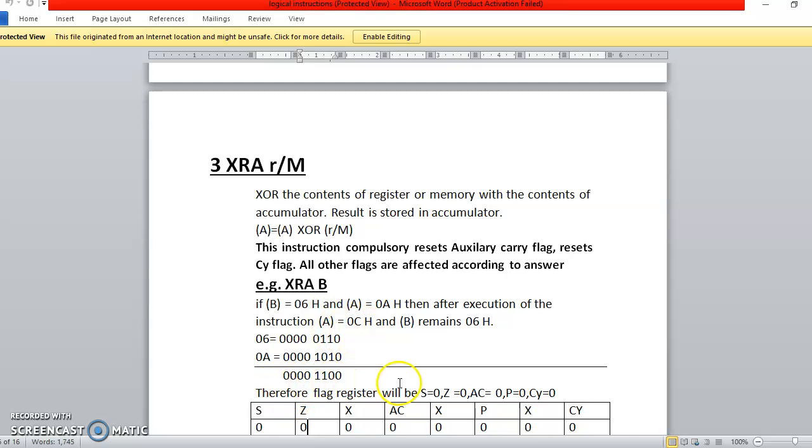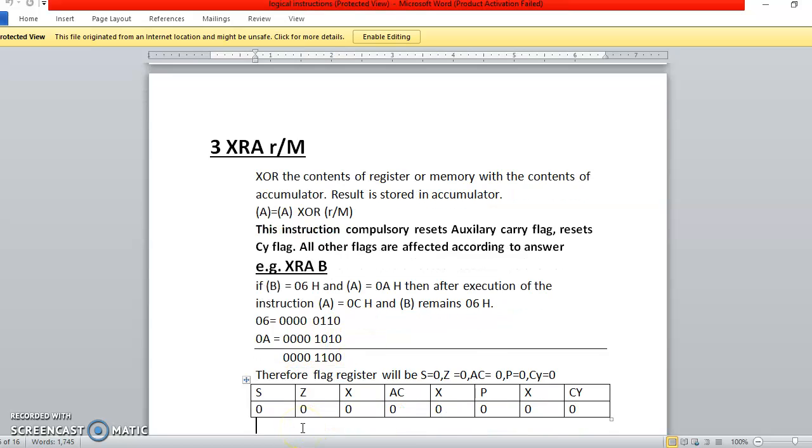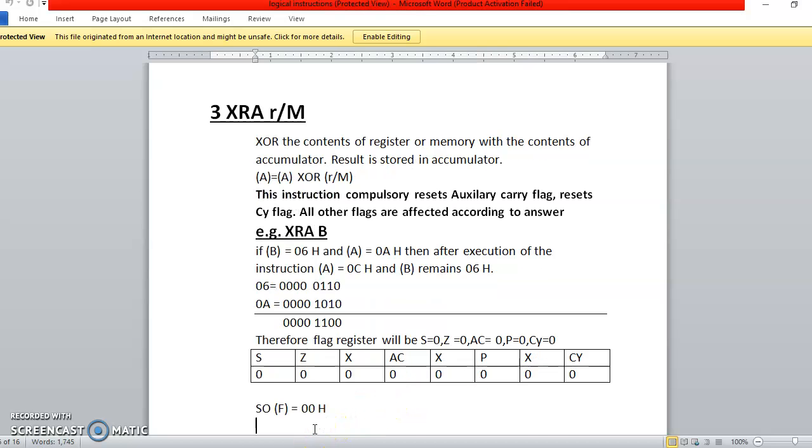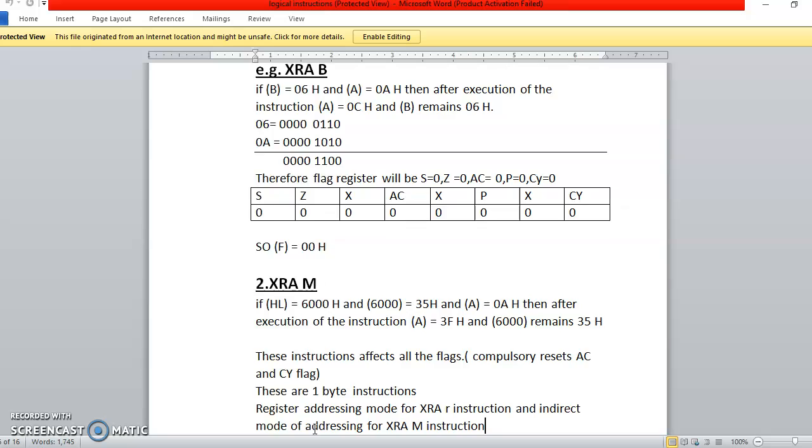And from this answer, the flag register contents will be: sign flag 0, zero flag 0, auxiliary carry 0. Parity should be 1 in this case, because an even number of ones are there in the answer, and carry is 0. So actually the answer will be 04 in the flag register.